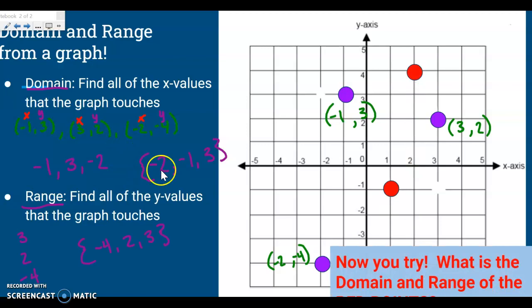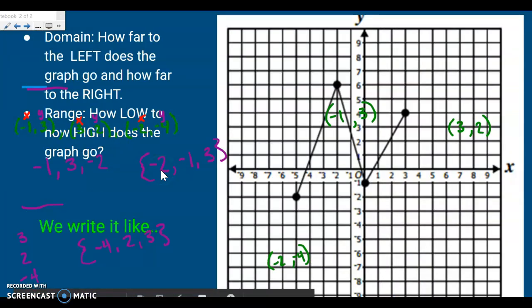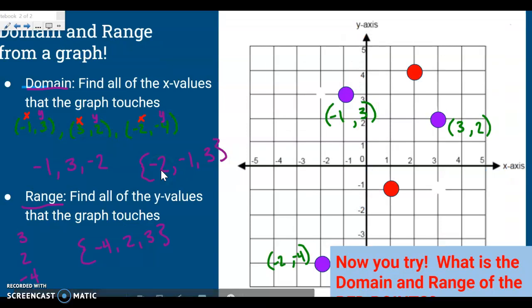So now you take a second and you try to figure out what are the domain and range of our red points. So hopefully you have found that this red point up here is 2, 4, and our point down here is 1, -1.